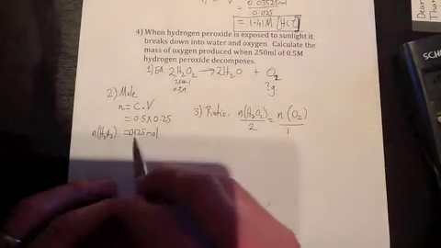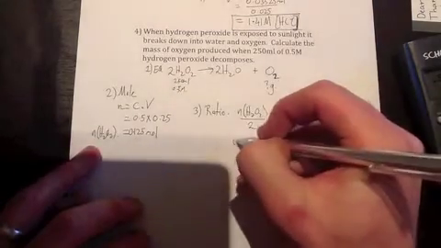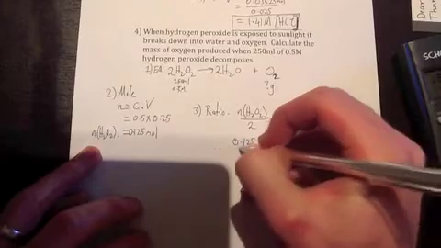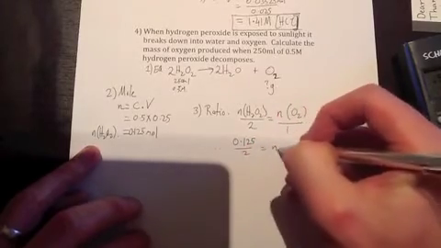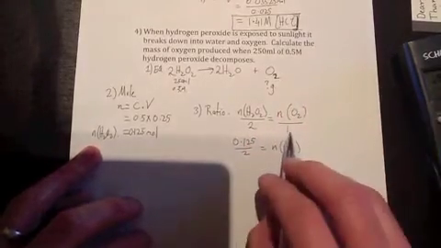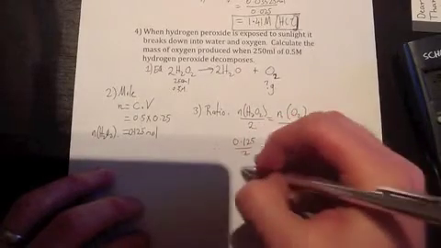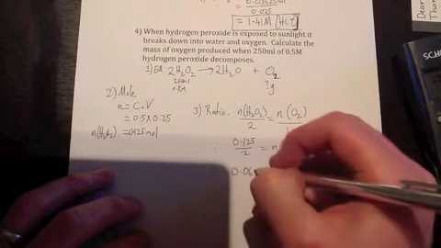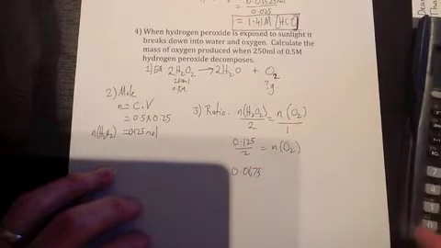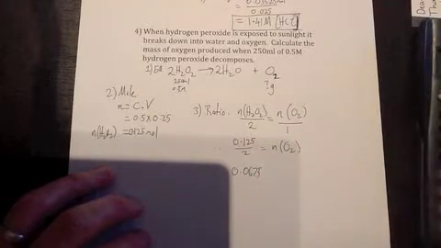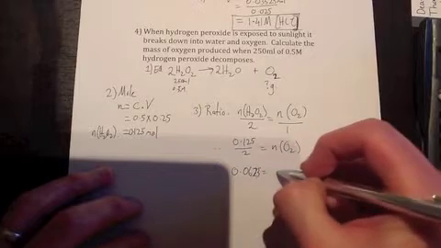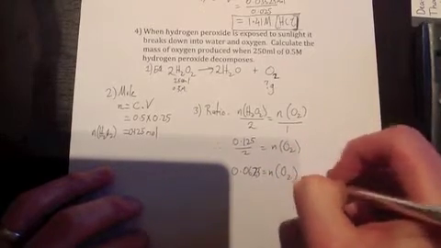So if I just substitute this in, 0.125 divided by 2 will equal my number of mole of O2, because divided by 1 just stays the same. So that means 0.0625, equals my number of mole of O2.